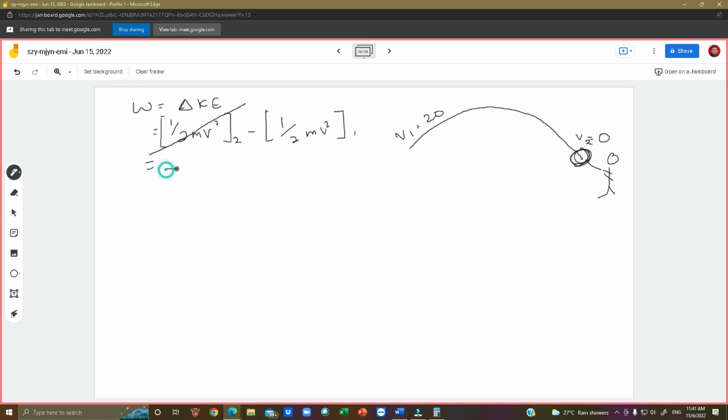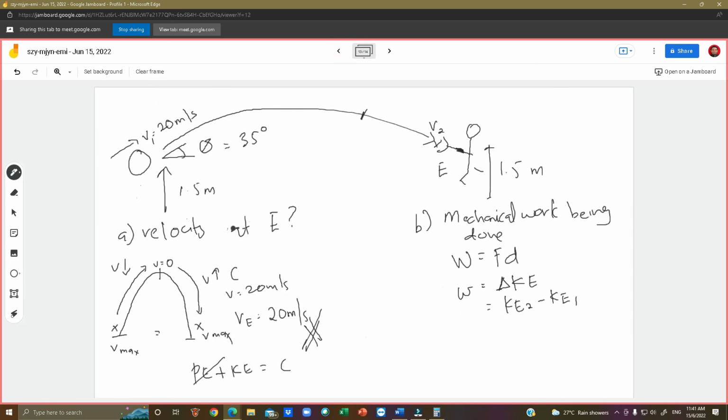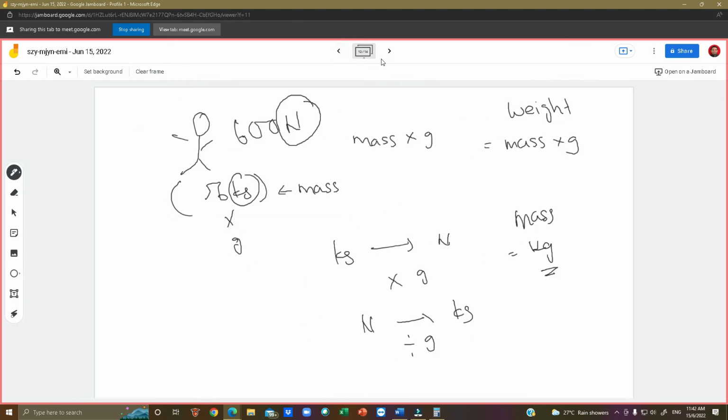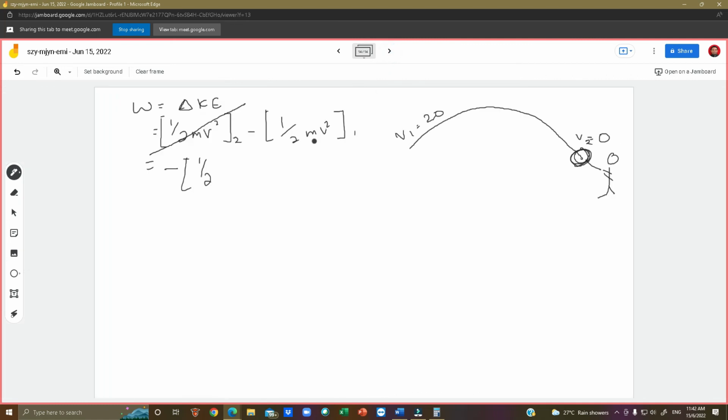So, kita hanya tinggal negative half mv square. Berapa mass dia tadi? 6.5 Newton. So, 6.5 Newton need to be changed to mass first. You have 0.66. 0.66 and then V is 20 square.